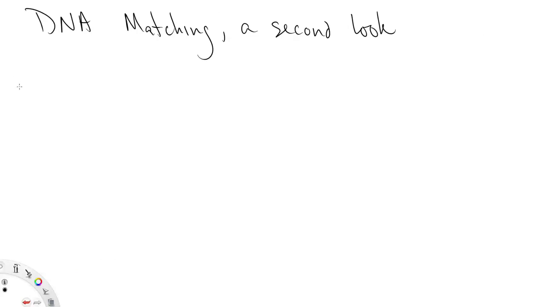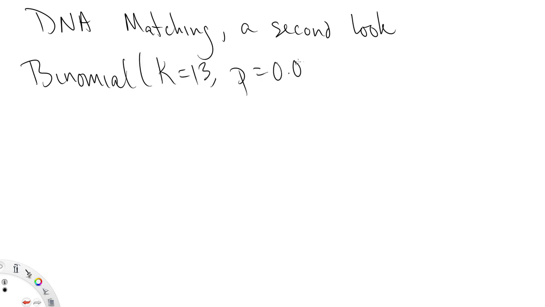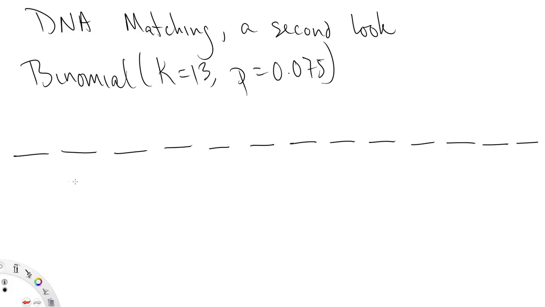So in the world of probability then, what we have is a binomial distribution with k equals 13 and p equal to 0.075. So what they're interested in is 1, 2, 3, 4, 5, 6, 7, 8, 9, 10, 11, 12, 13.